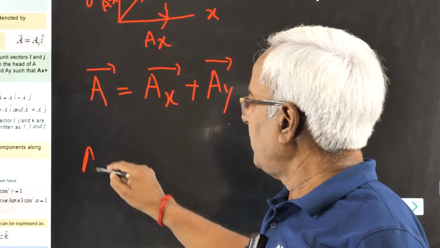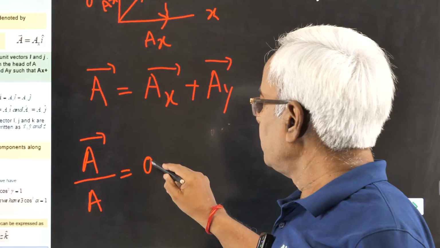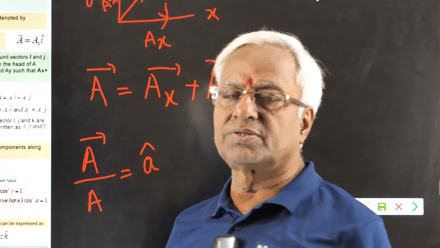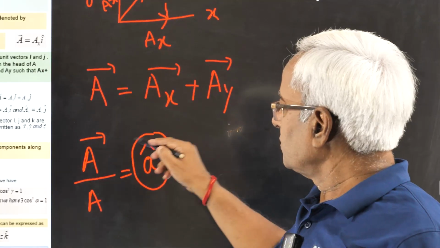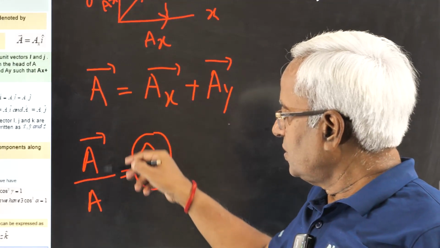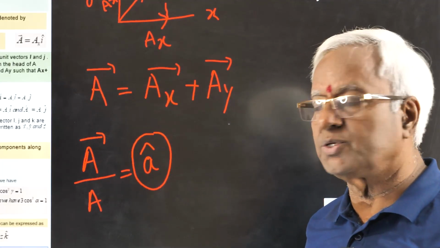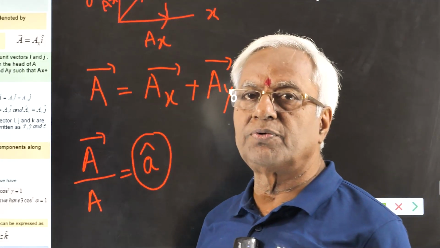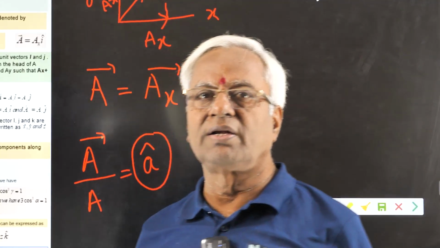Unit vector, you know, is a vector having magnitude equal to 1, and this is obtained by dividing a vector by its magnitude. Because the quantities have been taken in the form of a ratio, unit vectors have no dimension and their magnitude is always fixed, that is 1.